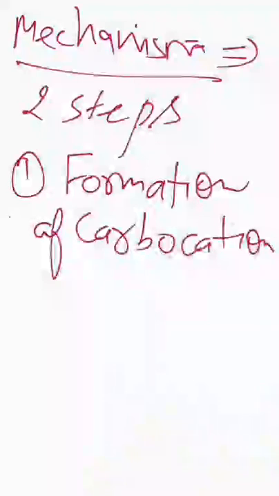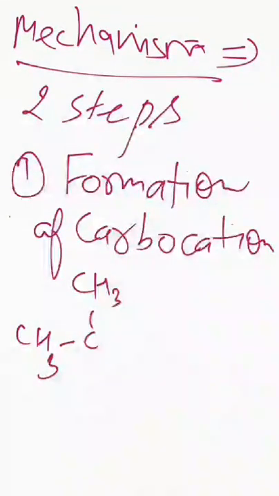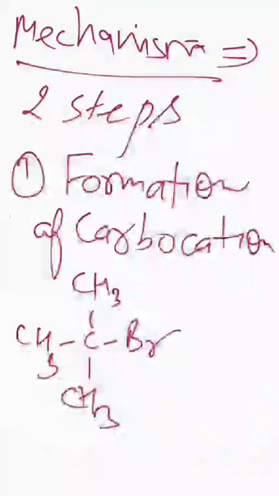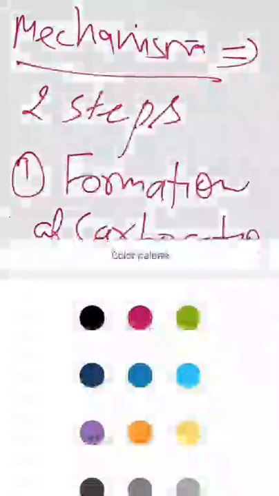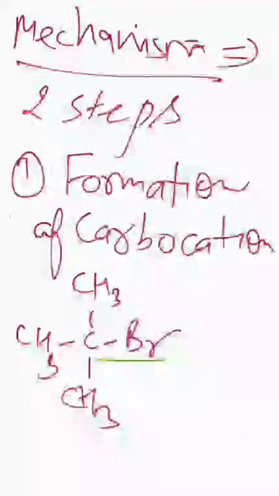What happens in this step? In this step, the bond between this carbon and this halogen gets cleaved, and the electrons of this bond are taken away by this halogen.